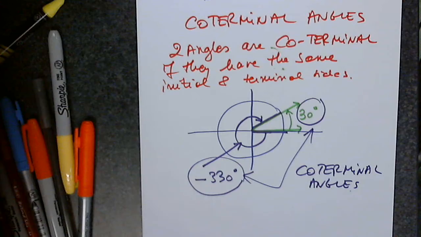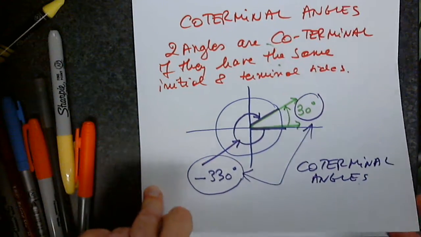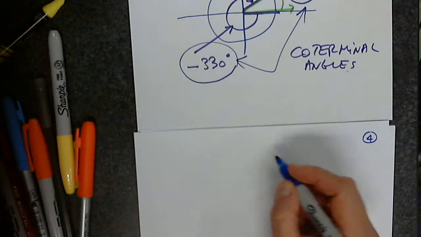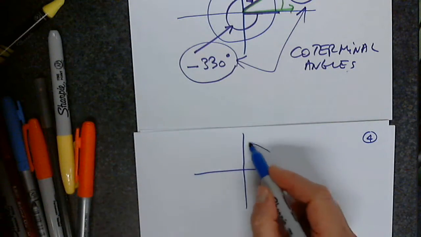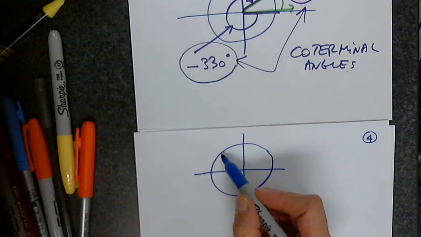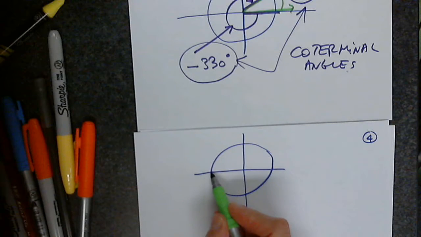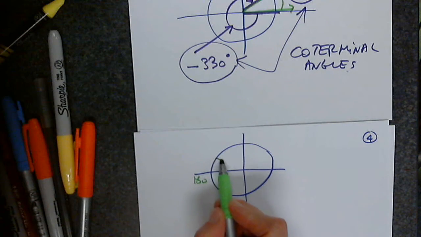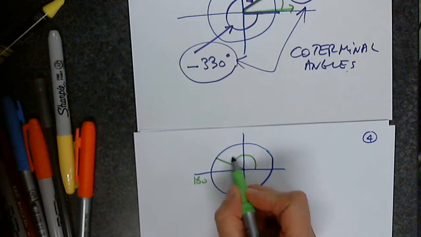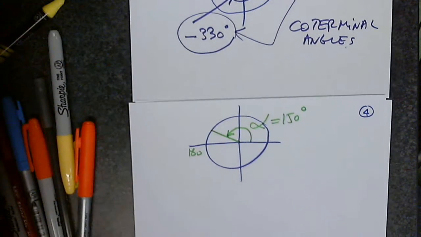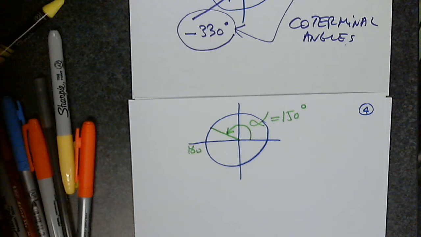Now here's another example with a positive coterminal angle with another. So let's say this time I'm going to use 150 degrees, 30 short from 180. This is 180. I'm going to stop 30 short this time. So this is the angle, let's say angle alpha, which is 150 degrees. And now I would like to determine one coterminal angle that is positive. And here's what I will do.